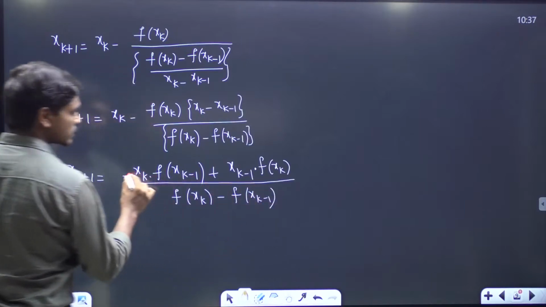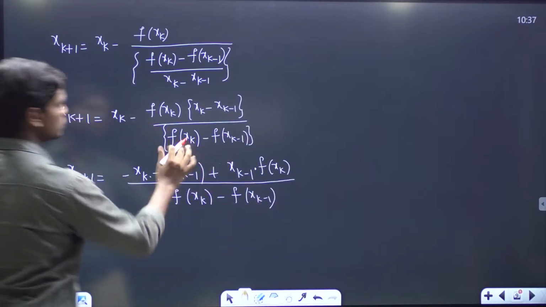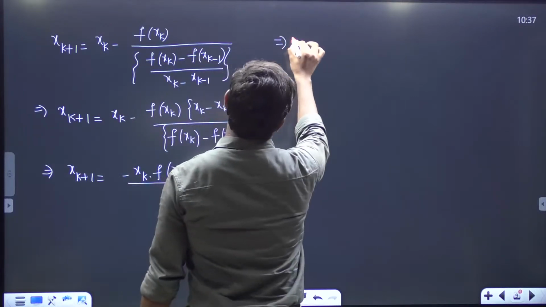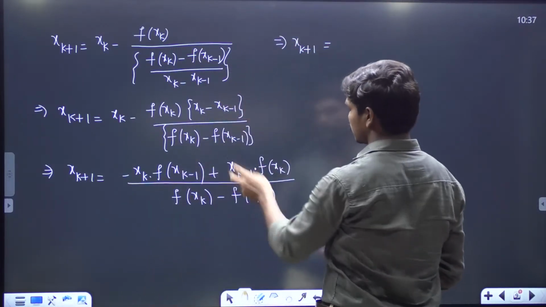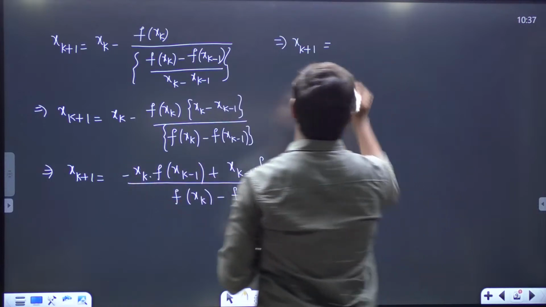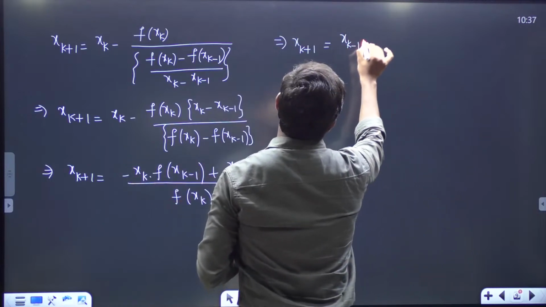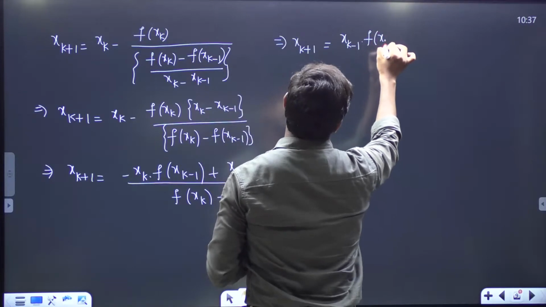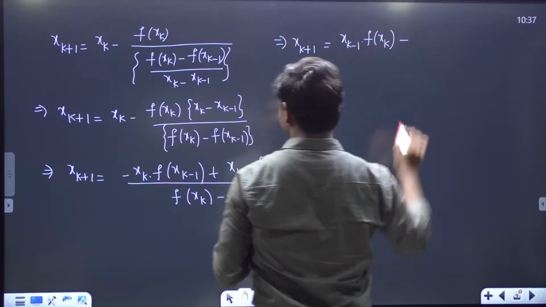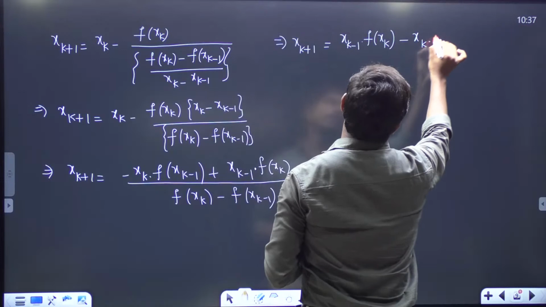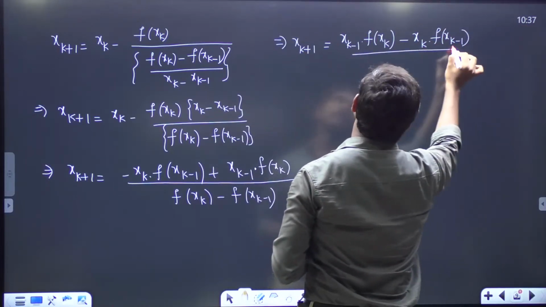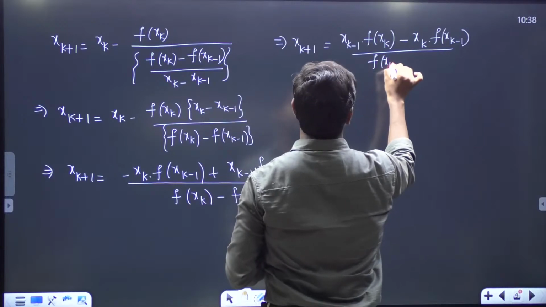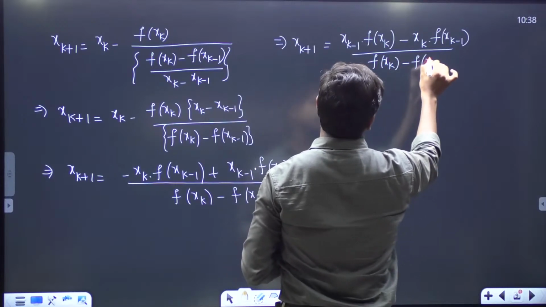Since we have a minus sign here and a plus here, we'll interchange these two. So xk plus 1 is equal to the same expression with this term first and this term following, because it has a minus sign here. So xk minus 1 into f of xk minus xk into f of xk minus 1 divided by f of xk minus f of xk minus 1.